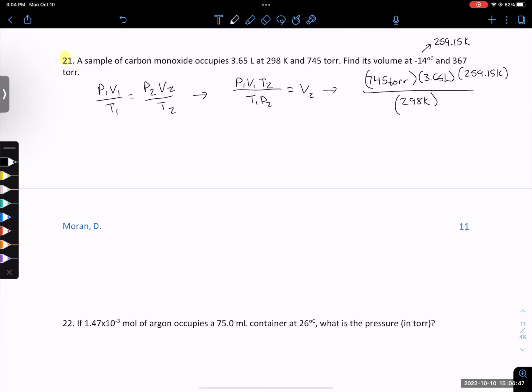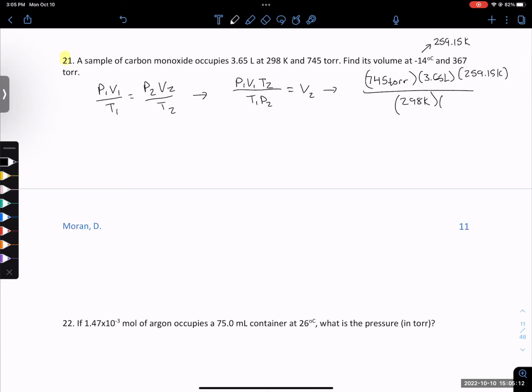So clearly our temperature is decreasing, right? 298 to 259 Kelvin. Would we expect the gas to expand or to decrease? We would expect it to decrease, but because other variables are also changing, you can't assume that it will, okay? So we'll see what happens. Let's see what our final answer is.